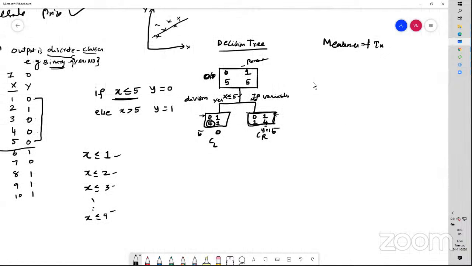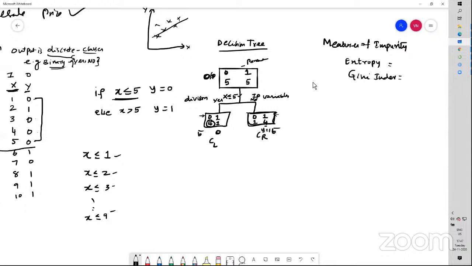The generally used measures of impurity are entropy and Gini, called the Gini index. These are the two measures used to decide whether the split that we have made using X is really separating your Y well or not.